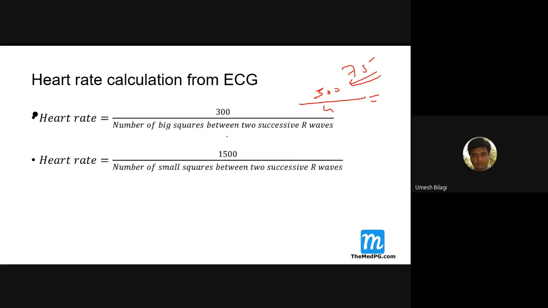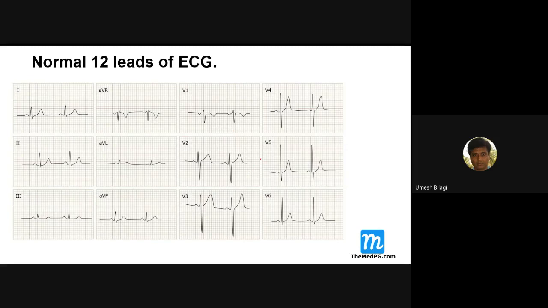Similarly, you've got one more formula. If you want to be very specific, we'll use small squares. See here, this is nearly 1 square less than a big square, and here also.